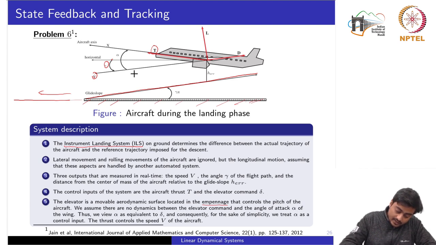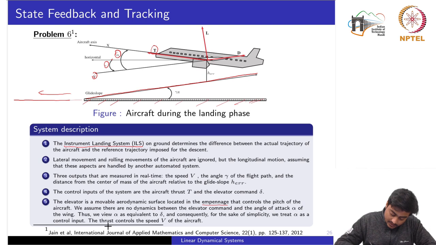This angle of attack is basically the angle between the aircraft axis and the axis along the glide slope. Basically this one, angle of attack, alpha of the wing. Thus we view alpha as equivalent to delta, and consequently, for the sake of simplicity, we treat alpha as the control input instead of the elevator command delta.